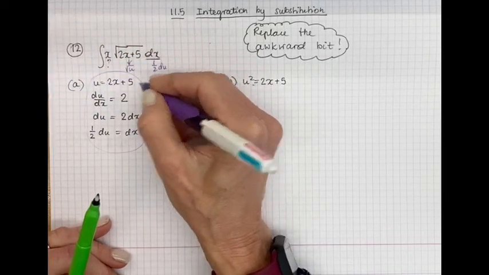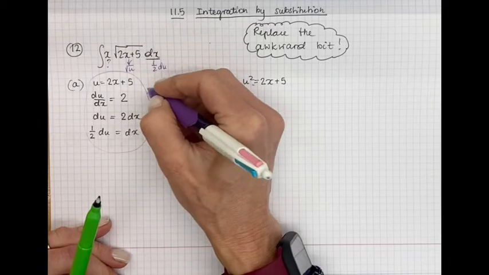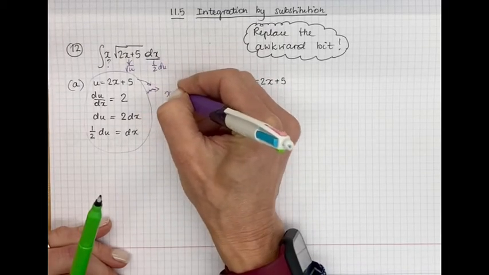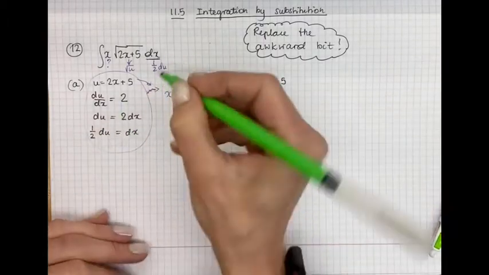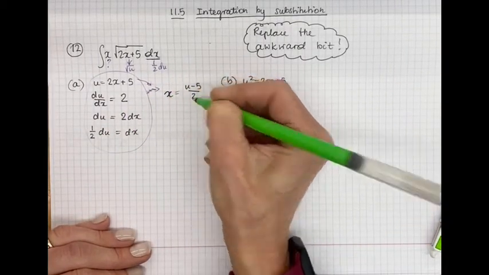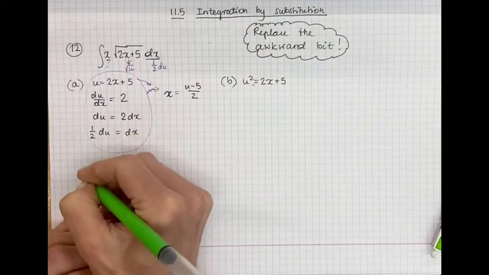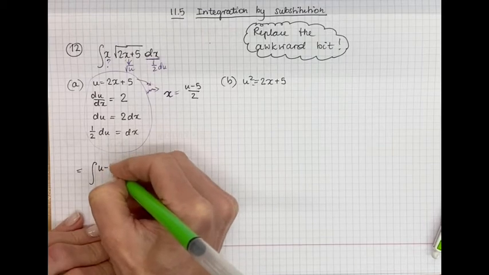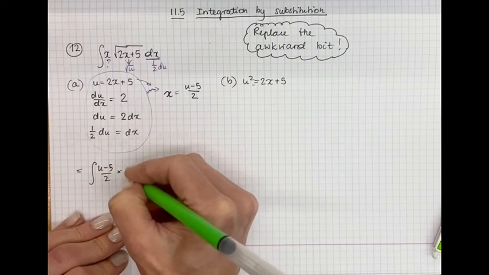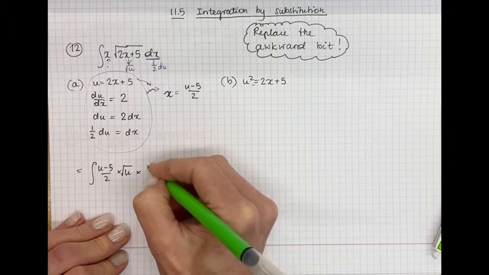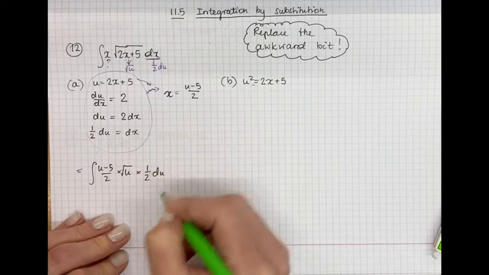And yes, you do, because you can rearrange this one to obtain the expression for x. So x is going to be equal to u minus 5 over 2. So substituting it into this, you will have u minus 5 over 2 multiplied by u square rooted multiplied by a half du. There you go.